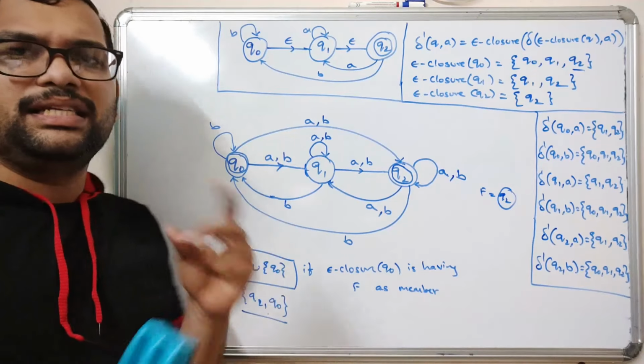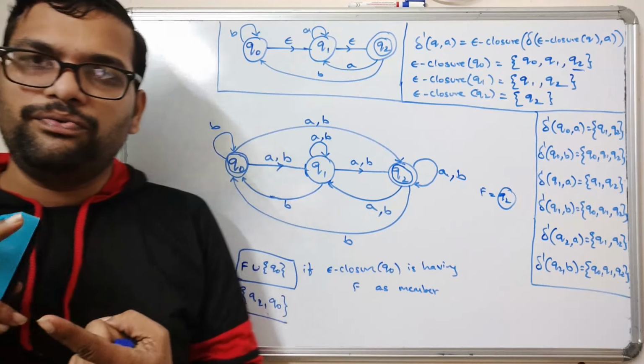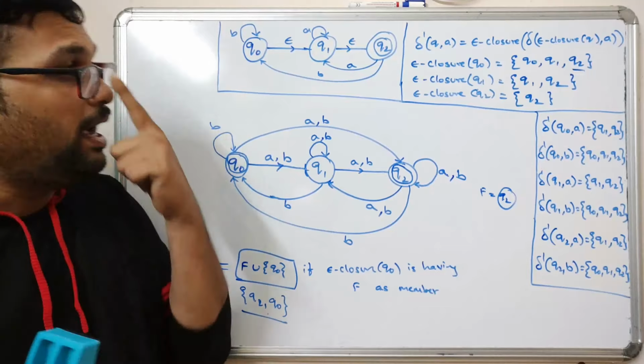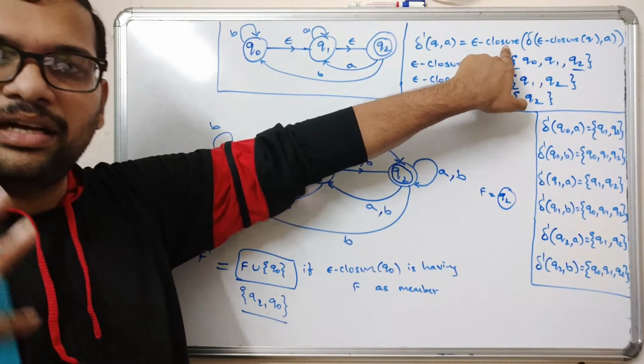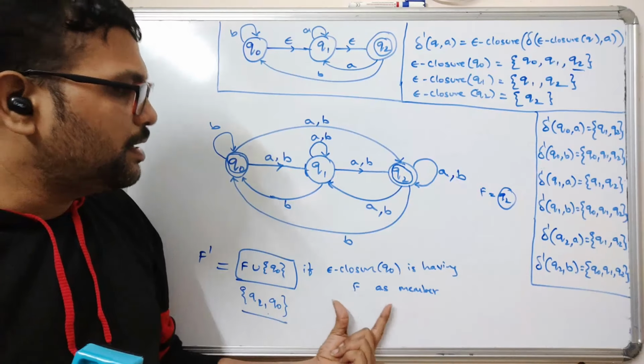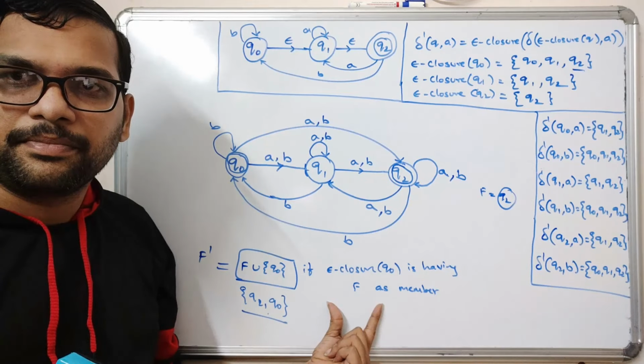So just remember the three steps. One is, first we need to find the epsilon closures, and then the second step, we need to follow this function, and the third step, we need to find the final state. Right?